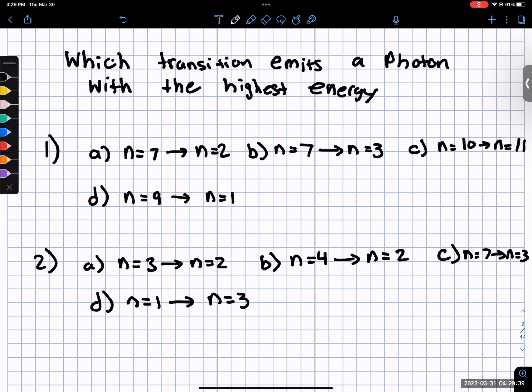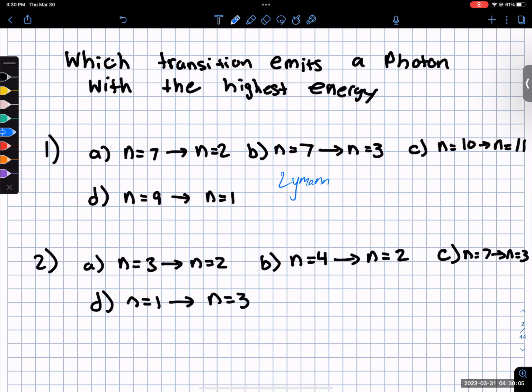All right. So which transition emits a photon with the highest energy? If it says highest energy, what are we looking for? What series is that most likely going to be? Lyman series.